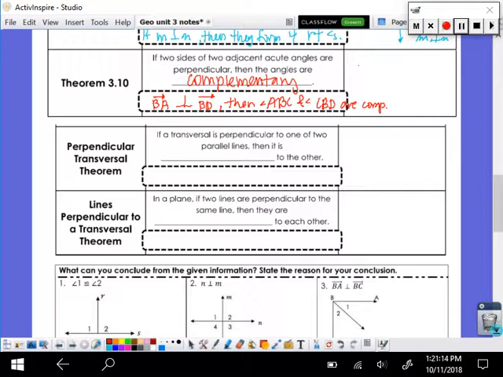For our diagram, we need ray BA, we need ray BD, and then let's draw an interior ray with point C. So if these two sides are perpendicular, then the angles are complementary.